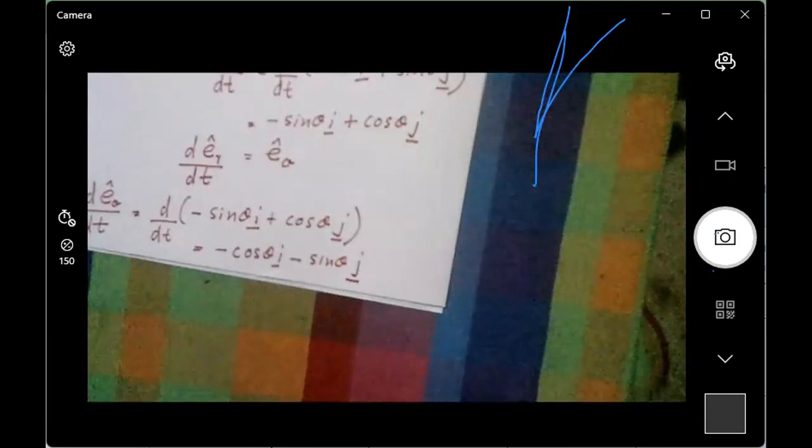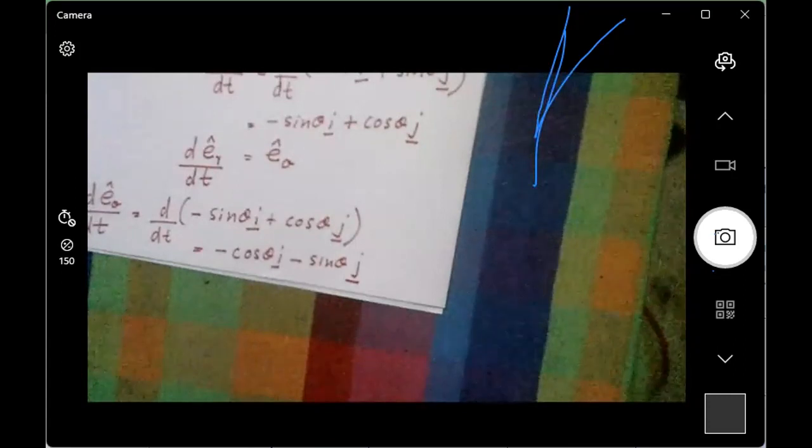Got it? It is the angle. If it is not changing, we cannot differentiate. It will become zero. Right. What is this one?